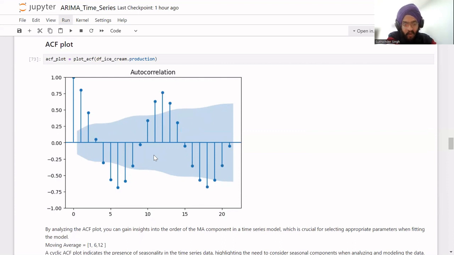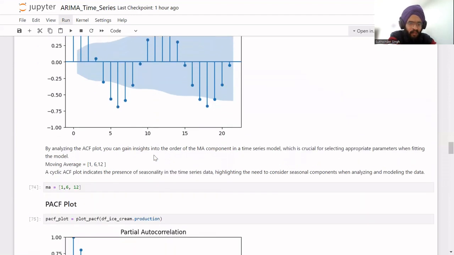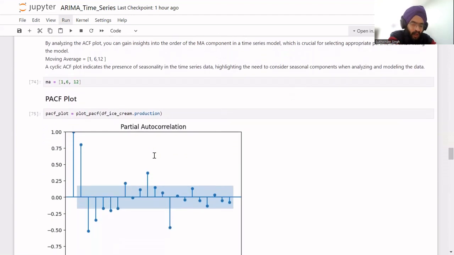And with respect to the autocorrelation graph, we use a moving average. So to know the value of the moving average, we can use autocorrelation. Similarly, to find the value of autoregression, we have to use the PACF plot.